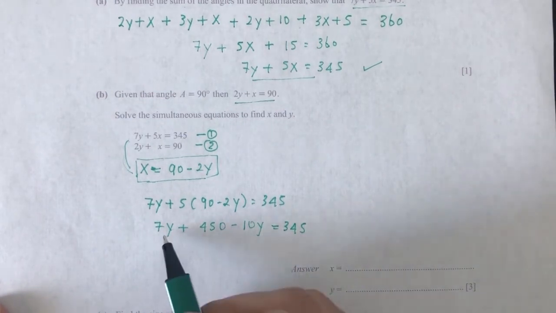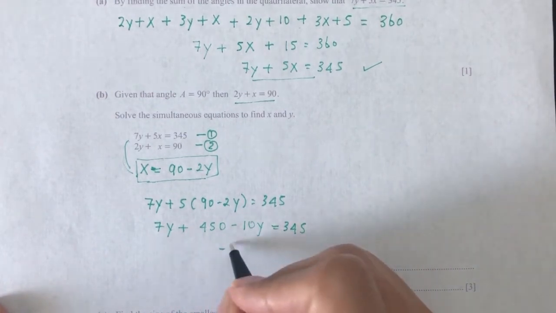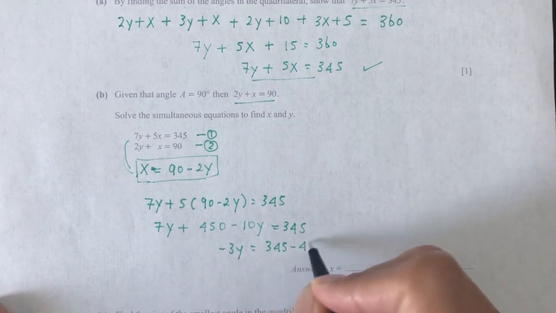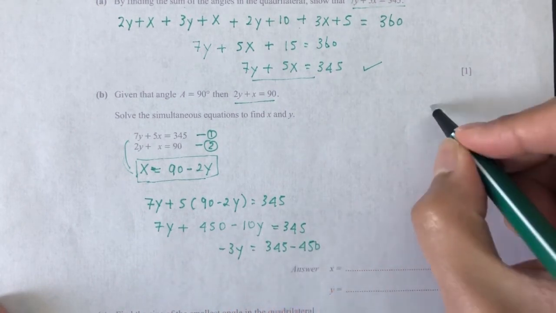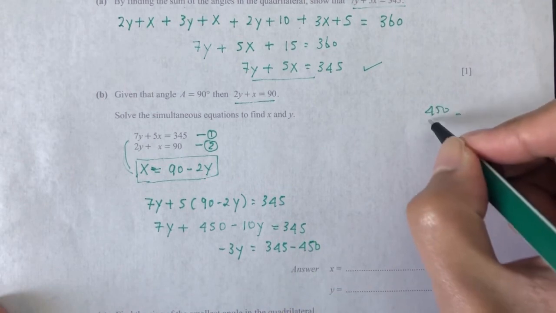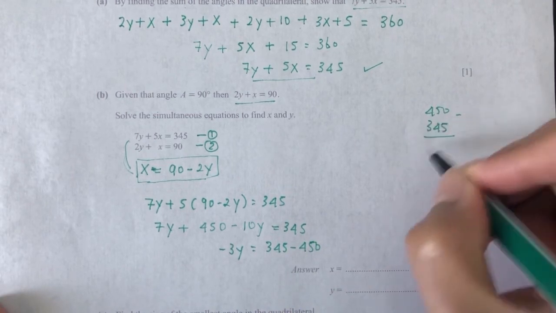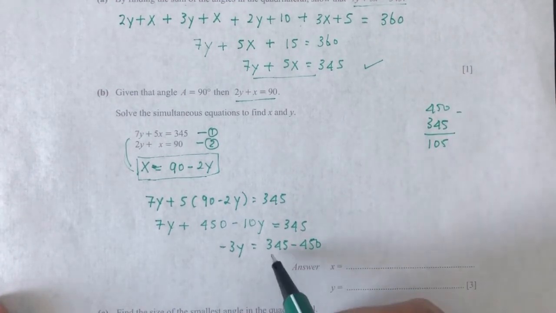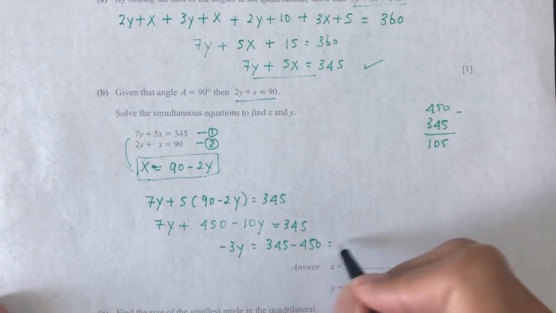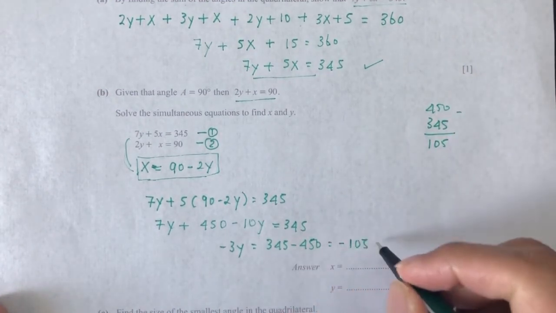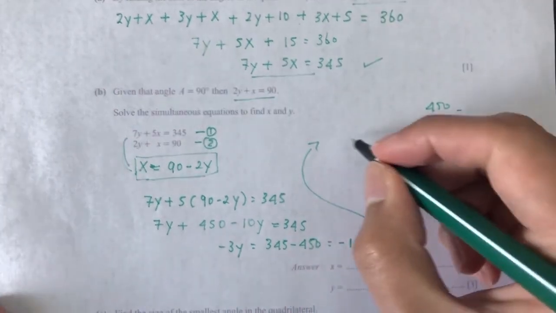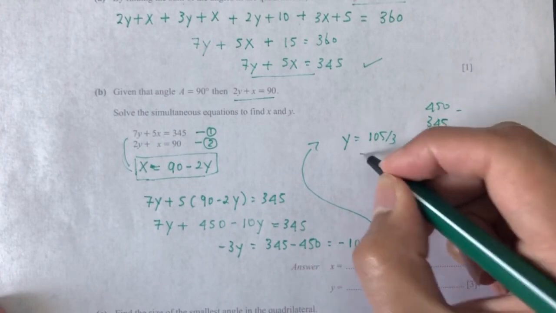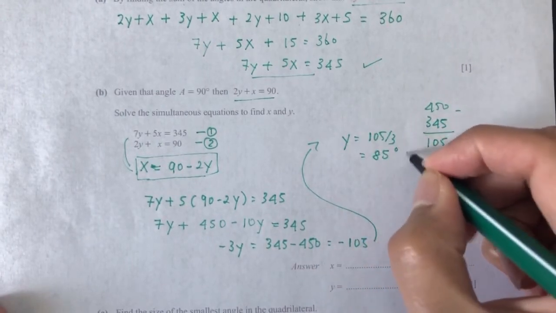So 7y minus 10y will be minus 3y. 345 minus 450 is minus 105. So we'll bring this back here. We have y equals 105 divided by 3, which is 35 degrees.